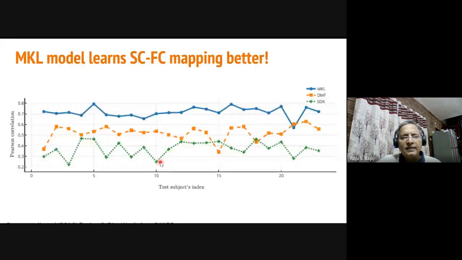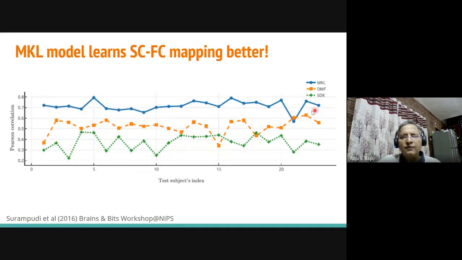These are the results. Blue is the multiple kernel learning model, orange is the dynamic mean field connectivity model, another kind of model, and green is a single diffusion kernel instead of multiple kernels.